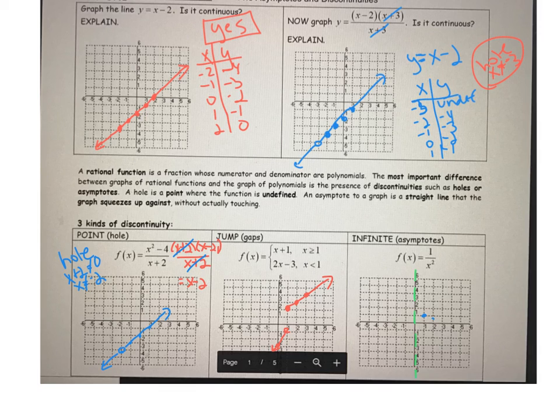If we plug in 3, 1 over 3 squared is 1 over 9. So notice we're getting closer. If I plug in a very large number, 10, 1 over 10 squared is going to be 1 over 100. That's getting even closer. So actually, we have two asymptotes here. This is going to get closer to the x-axis, but it's never actually going to cross it.